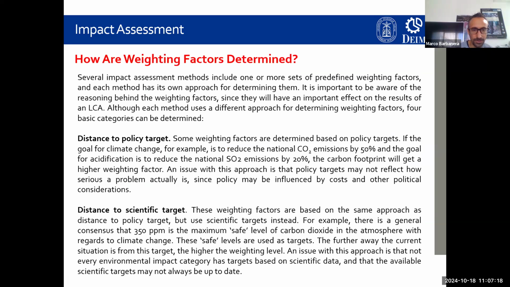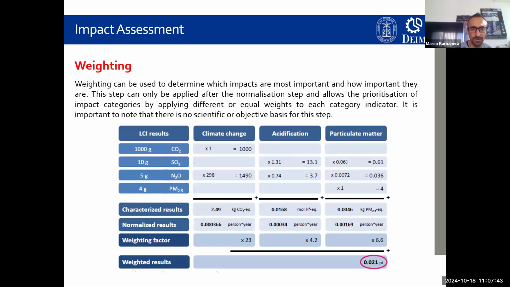So in the following two slides, we can see which are the main methods used by the impact assessment methods to determine the weighting factors.